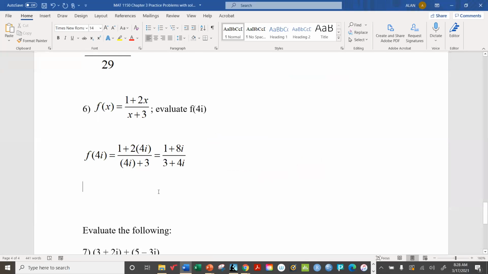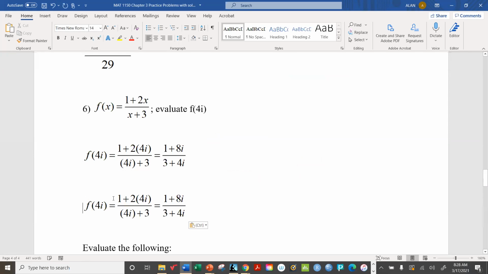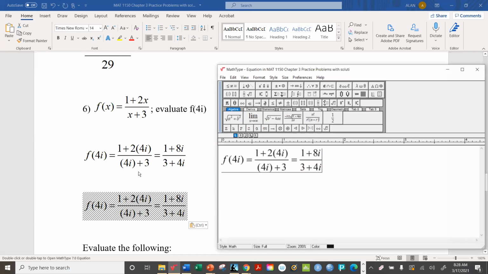And once again, what we would like to do is multiply this by the ratio of the complex conjugates. All right, let's give this thing a minute. There we go. All right, so we have this expression.